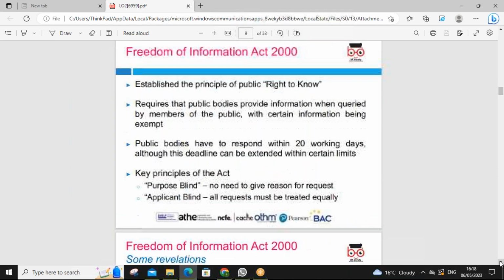That all comes together. Freedom of information establishes the principle of the public's right to know, and requires public bodies to provide information when queried by a member of the public. We have another called the NCFE principle, which is all about ethics and moral principles for people working in public office.